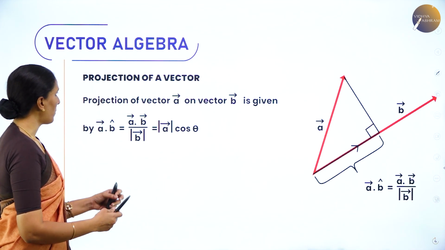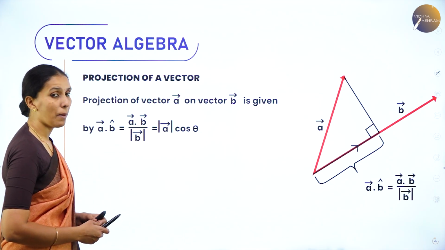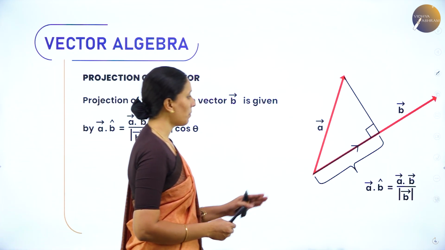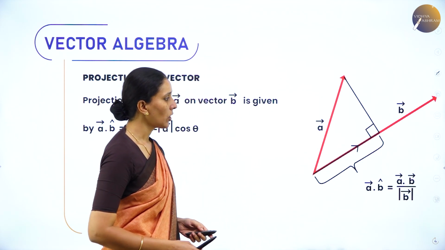The formula for the projection vector can also be written in the form of A dot B divided by magnitude of B. If we consider projection of A on vector B, here I have taken an example of the line.